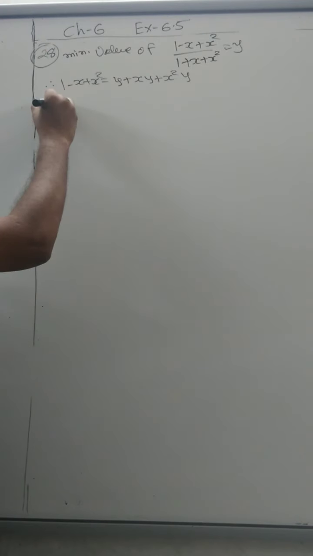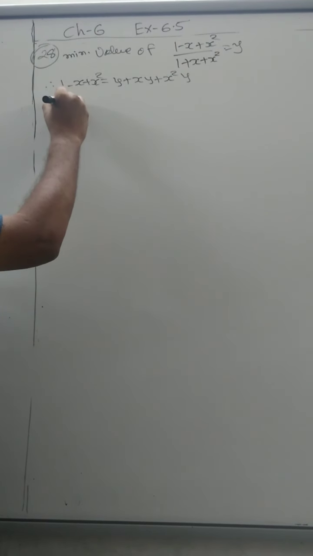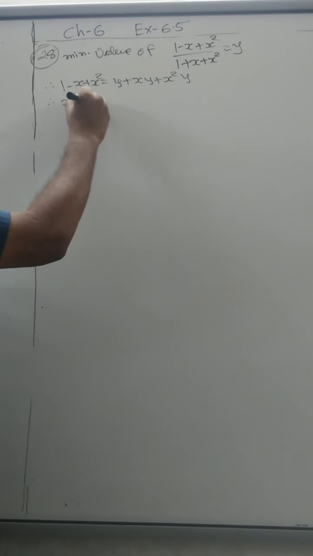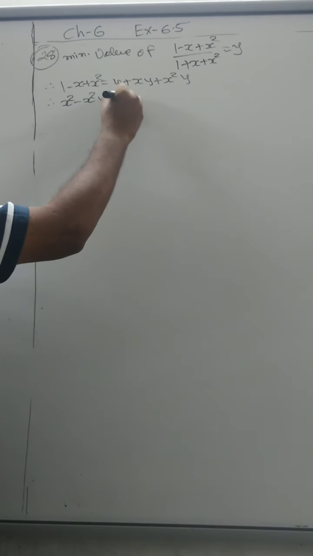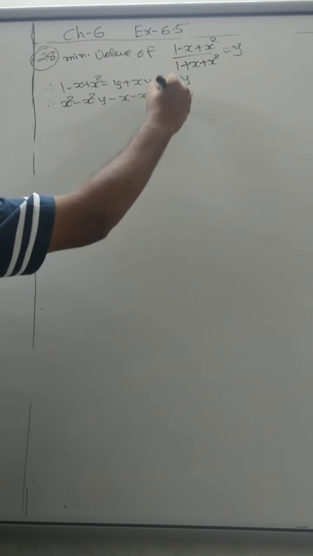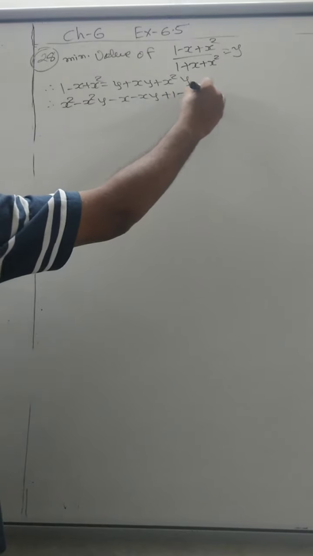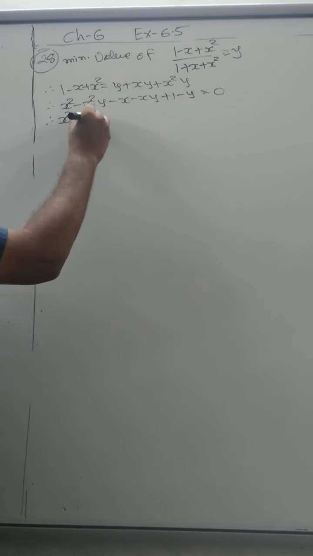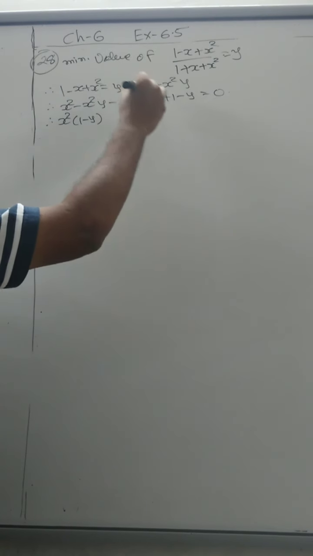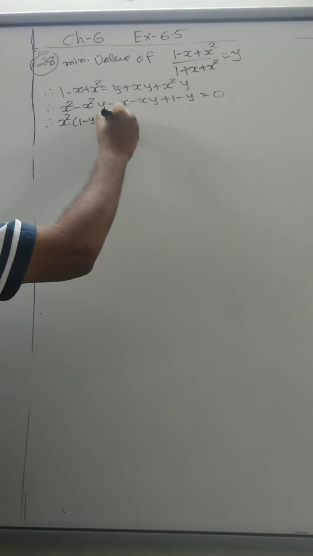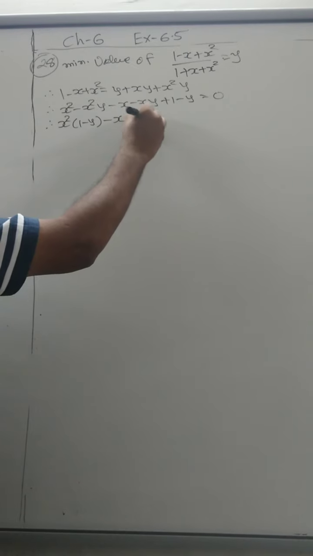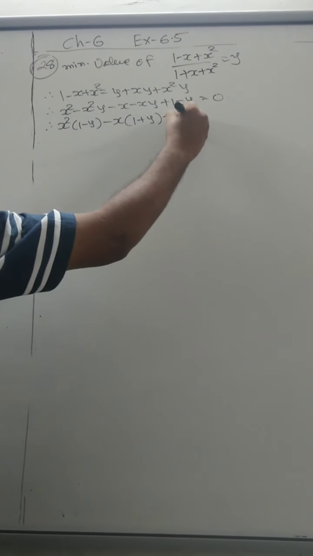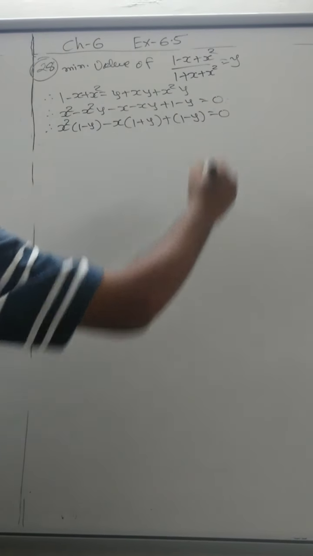Take all the terms on one side, we get x square minus x square y minus x minus xy plus 1 minus y equal to 0. So here x square is common, then 1 minus y, and here minus x common, 1 plus y, plus 1 minus y equal to 0.